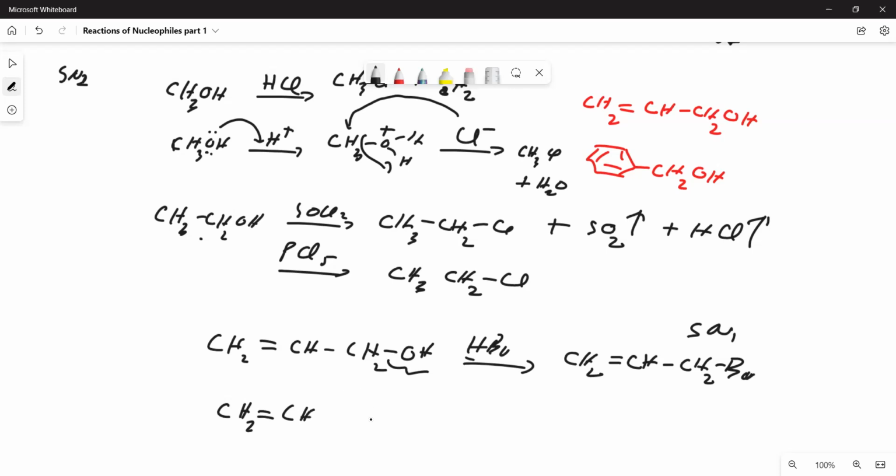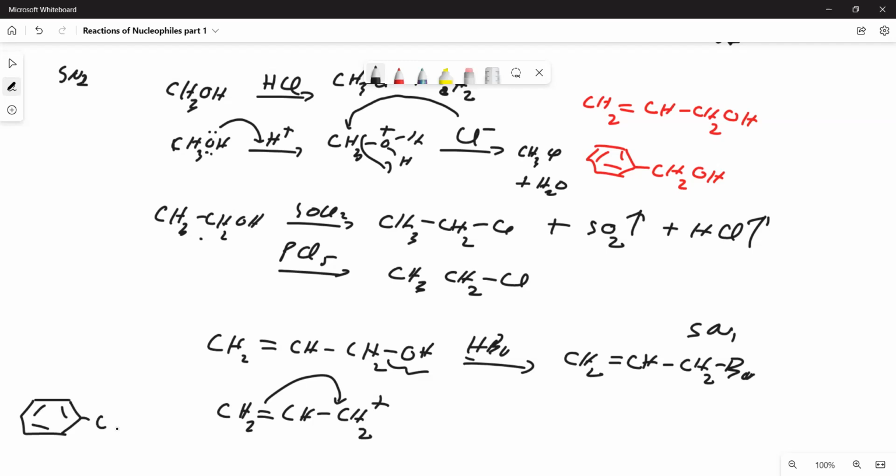Unlike the primary alkyl halide of alkane, this one is different because even if it's primary, it is stabilized by resonance. So that's why the OH will leave the carbon, making the carbonium stable. Therefore, the assumed mechanism is SN1. Same thing with benzyl alcohol.